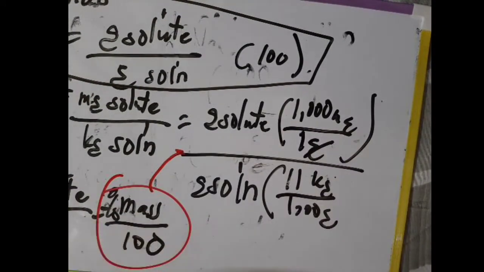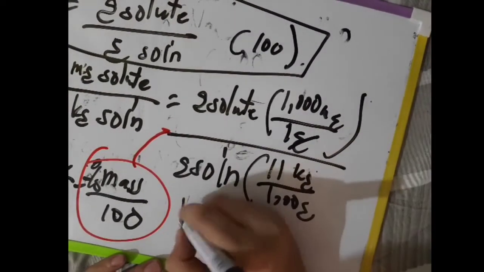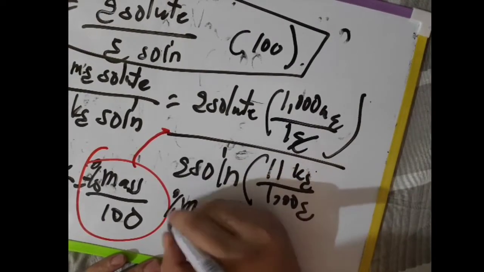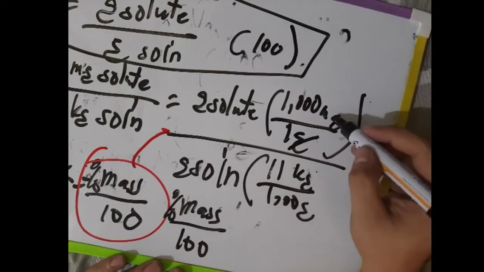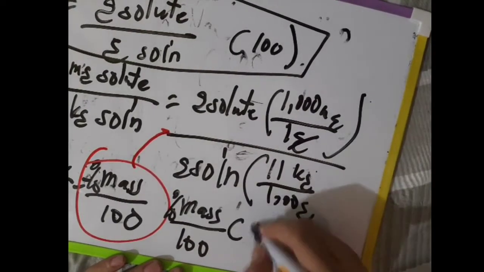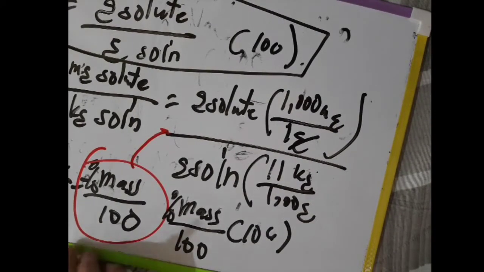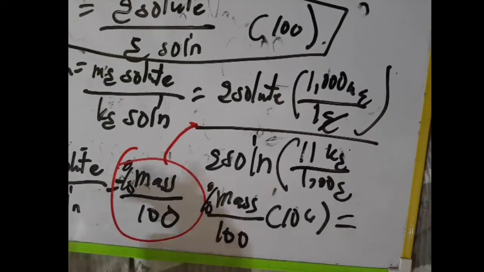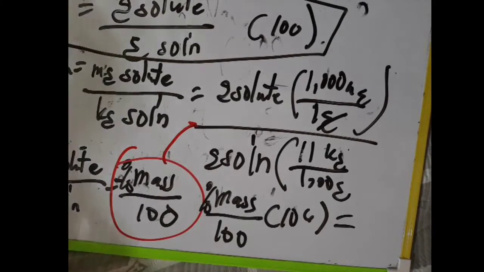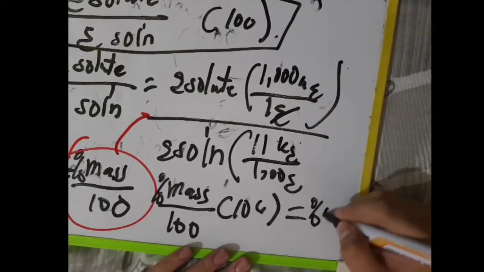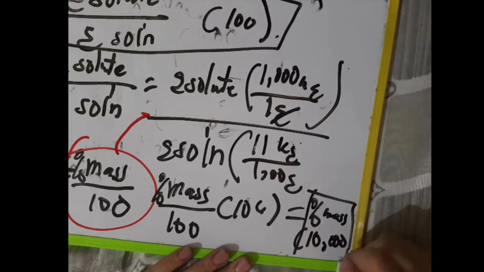Therefore, percent mass divided by 100 is equal to 1,000 divided by 1 over 1,000, that is 10 to the 6, which is our parts per million. So 10 to the 6 divided by 100 is equal to percent mass multiplied by 10,000. That will be our final equation.